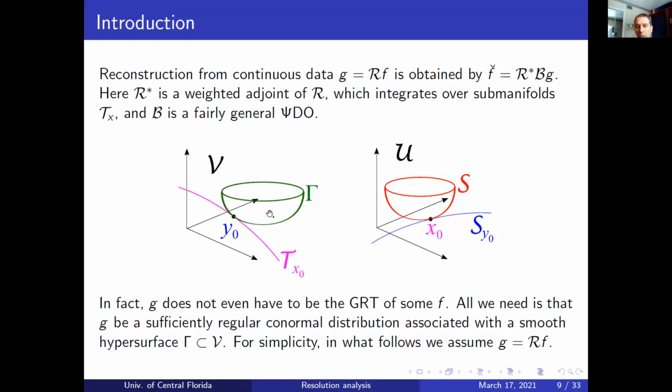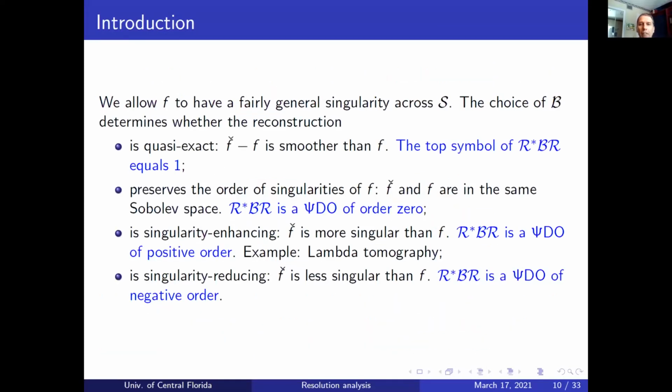So all points on gamma have this property. First of all, we allow f to have a fairly general singularity across S, and B also is fairly general.